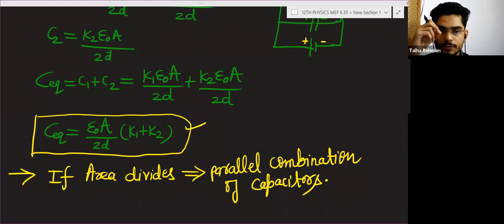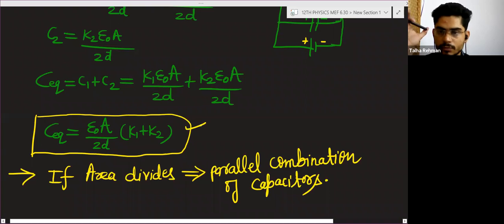C equivalent for parallel when dielectric is filled between the area. Done, sir. Okay.